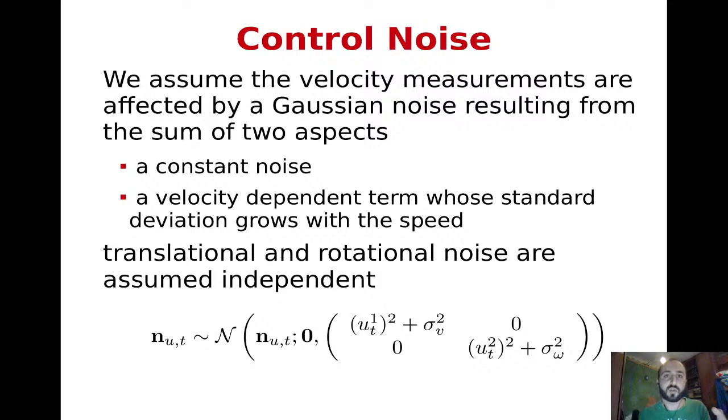So inside the control noise model, we can actually add this sort of effect by adding a term which is dependent on the velocity value. So we will have a constant noise on the controls, plus we will have something which moves like the square of the velocity. Meaning that if I go faster, I assume that all these other effects will bring me not in the position that I expect.